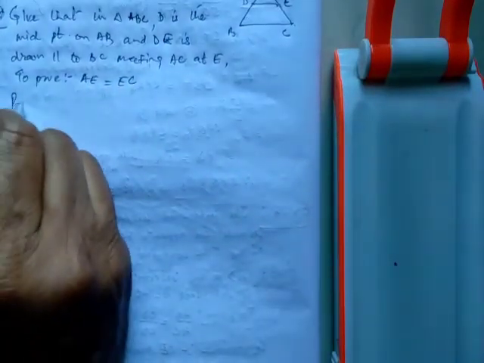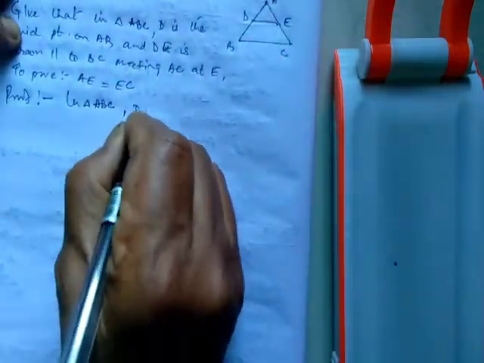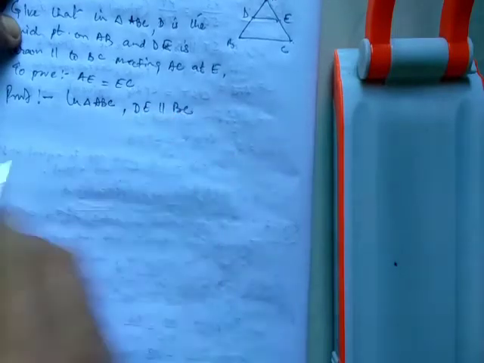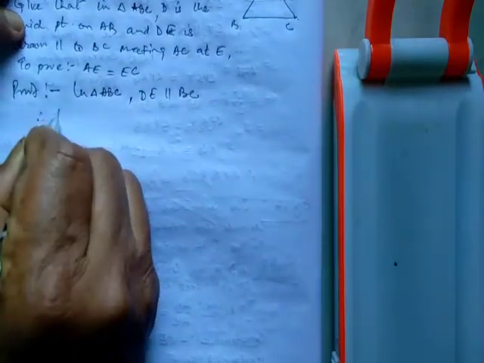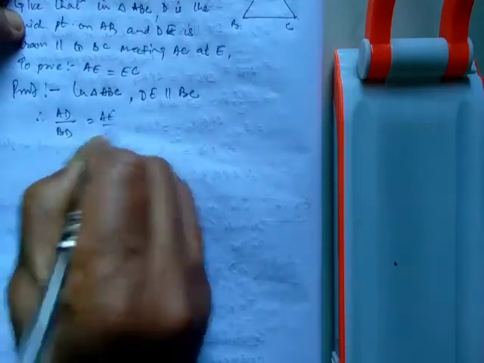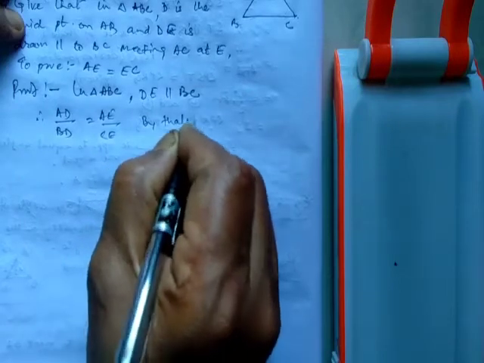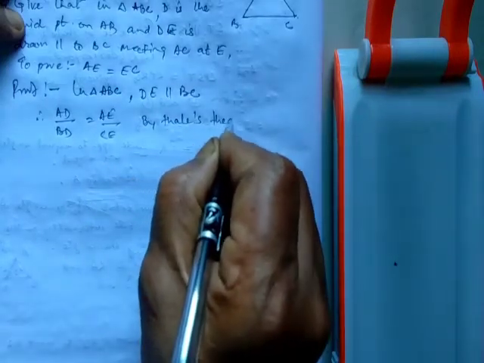Proof. In triangle ABC, DE parallel to BC. Therefore, AD by BD is equal to AE by CE by Thales theorem.